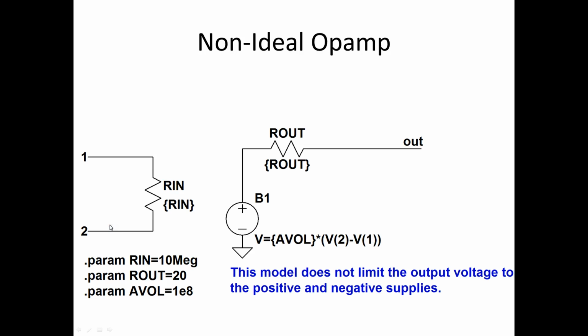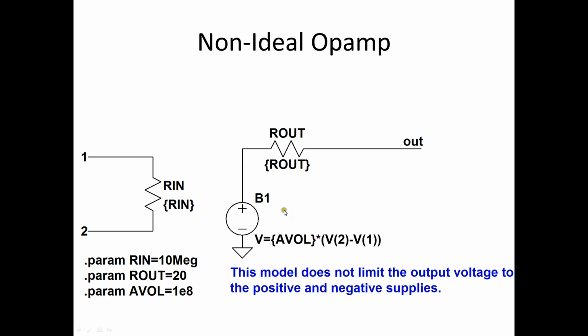This is a voltage controlled voltage source. And we also have an R out. And if we wanted, we could convert this to a Norton equivalent. But essentially this kind of Thevenin equivalent, dependent on this voltage, is all that we need.